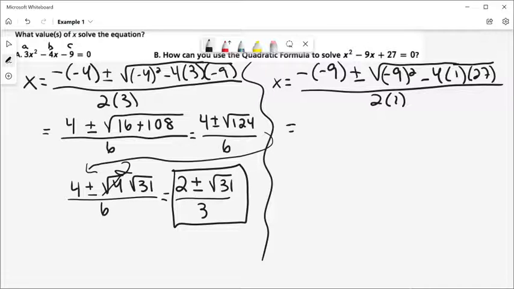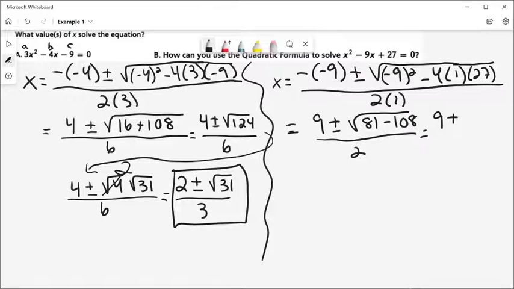Simplifying, we have 9 plus or minus the square root of 81 minus 108 all over 2. 81 minus 108 is -27. So 9 plus or minus radical -27 over 2.